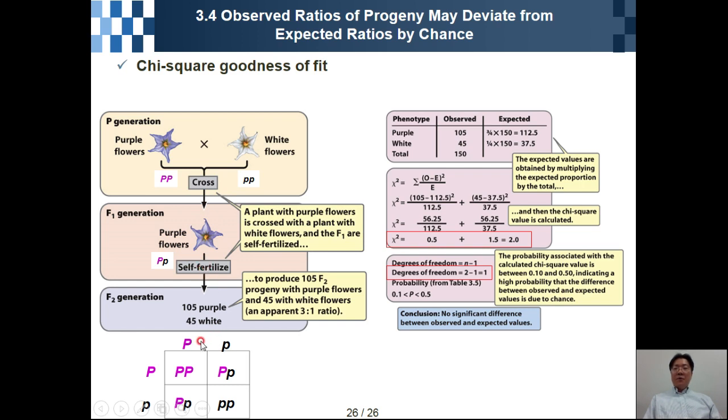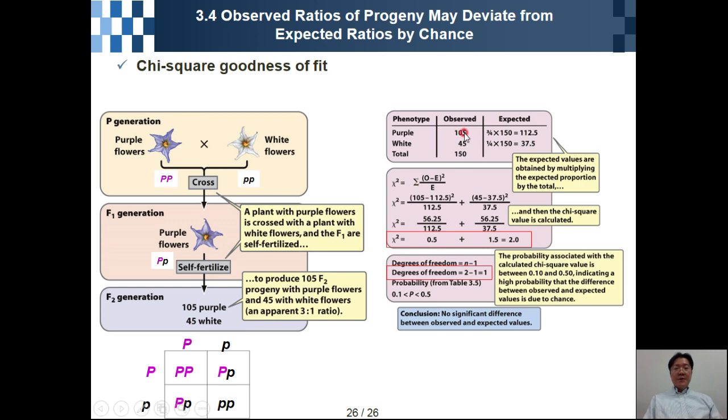Based on the Punnett square, the expected ratio is 3 out of 4 purple and 1 out of 4 white. This is our expected value. But after fertilization, we observed that 105 showed the purple color and 45 showed the white color.